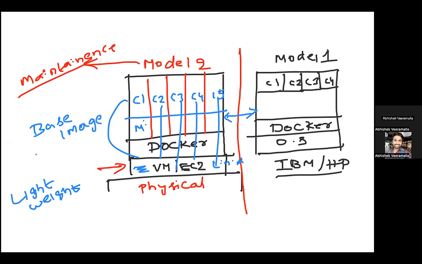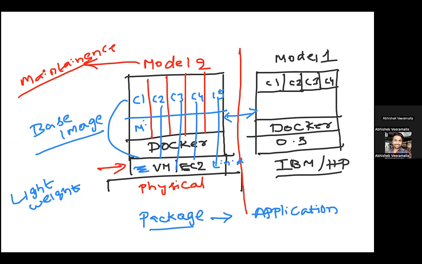Okay, so a container is nothing but a package, or a bundle, which is a combination of your application plus your application libraries, that means your application dependencies, plus system dependencies. Okay, your application might require some system dependencies.